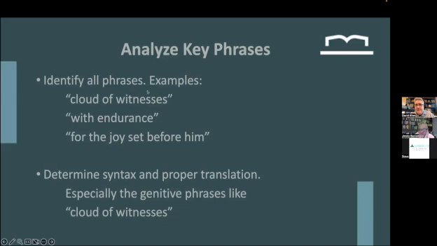The witnesses are like a cloud. In other words, the author is using a metaphor, the metaphor of the cloud in the sky, to talk about a group of people who are witnesses. So again, what you have to do is go through and say, okay, now what does that "of" mean in the cloud of witnesses?